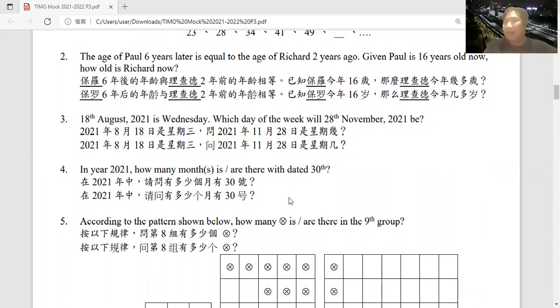All other months have at least 30 days. Don't get it wrong. If you get it wrong, then you are very careless, or you have caught COVID and got memory loss. So, 11.